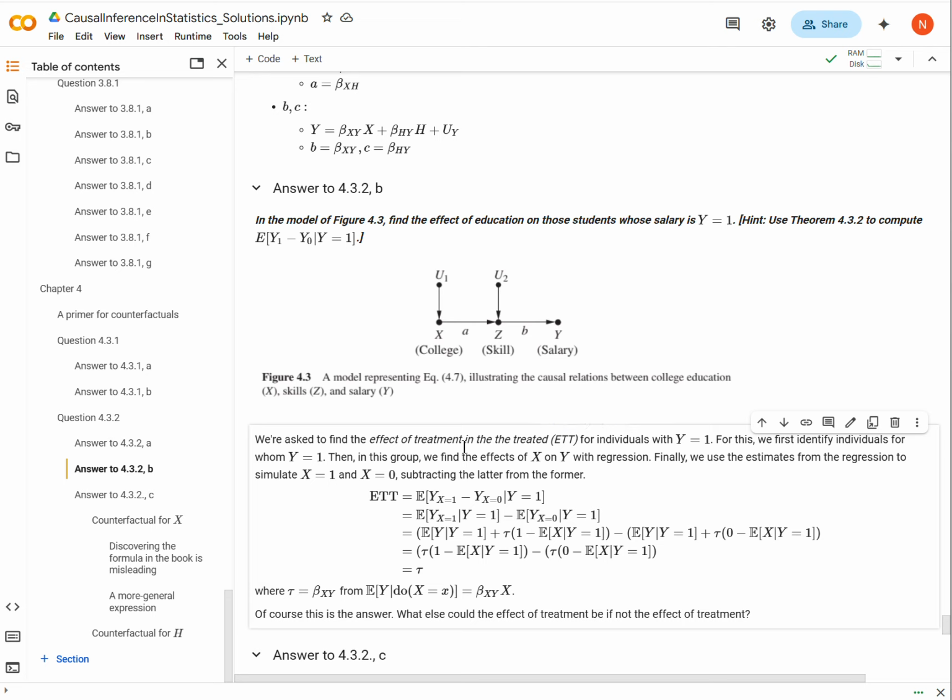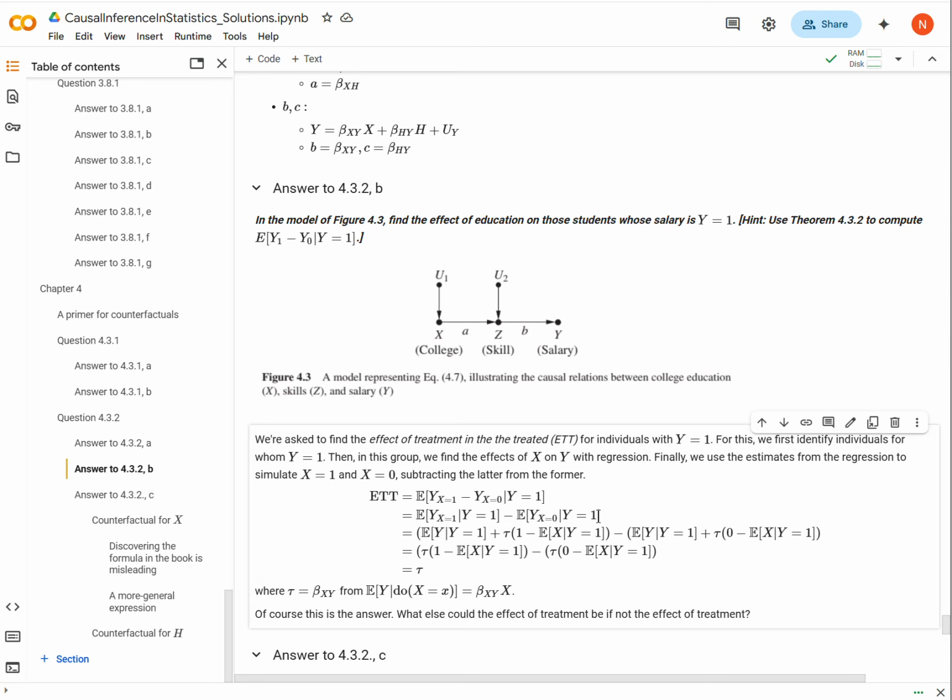Then with those individuals, we regress X on Y and replace the random value of X with 1 and 0, and then we subtract them.